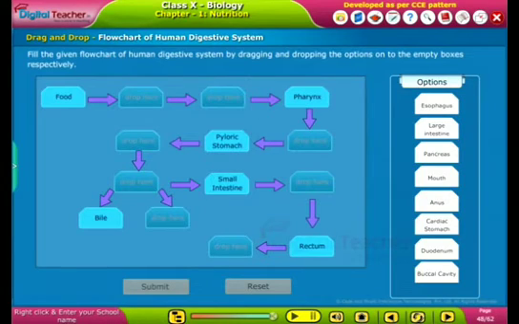Fill the given flowchart of the human digestive system by dragging and dropping the options onto the empty boxes respectively.